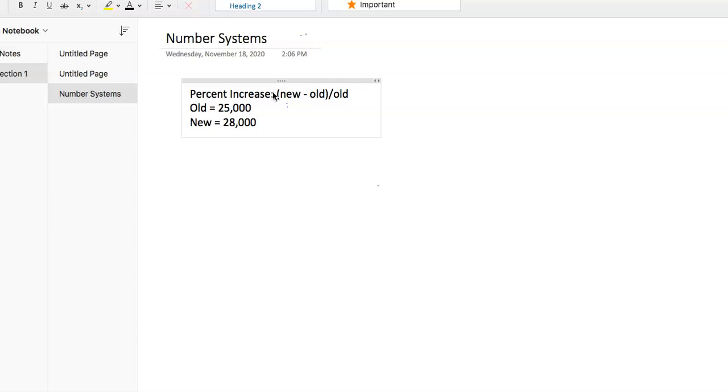What is the percent increase in Huntsville's population? So the difference is the new minus the old. So 28,000 minus 25,000 gives us 3,000. Divided by, we're dividing it by the old.